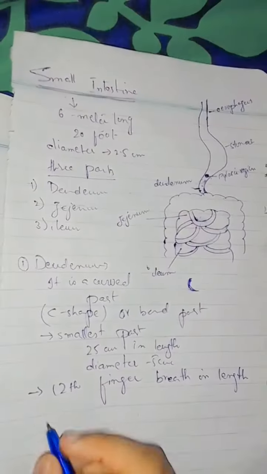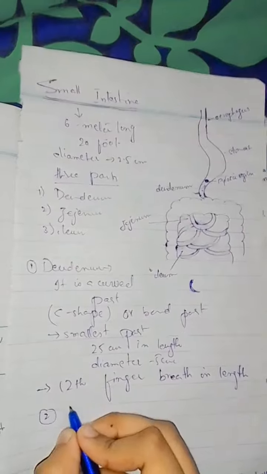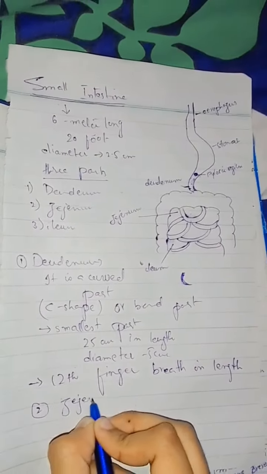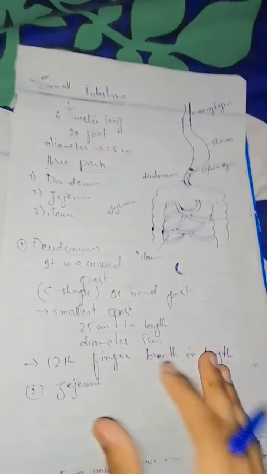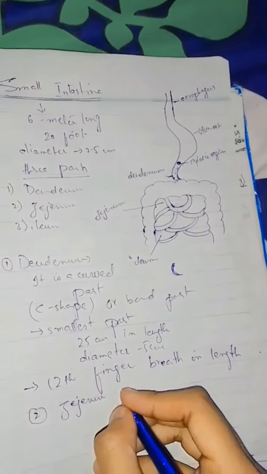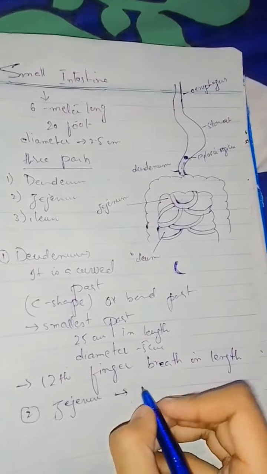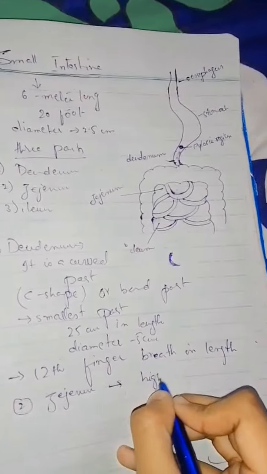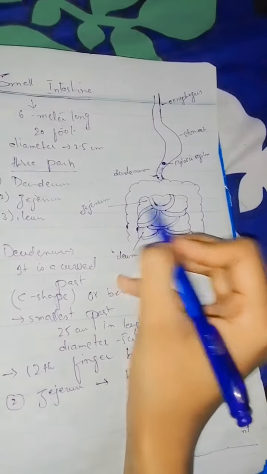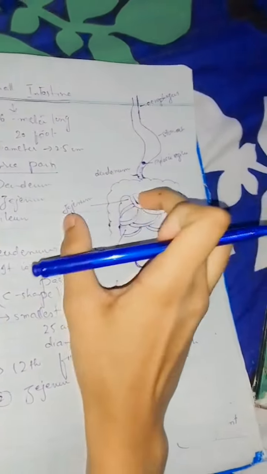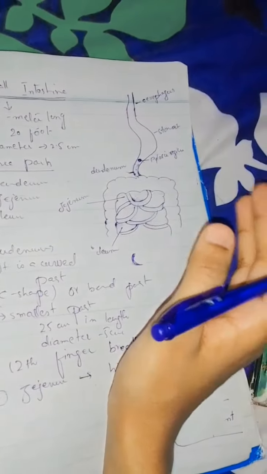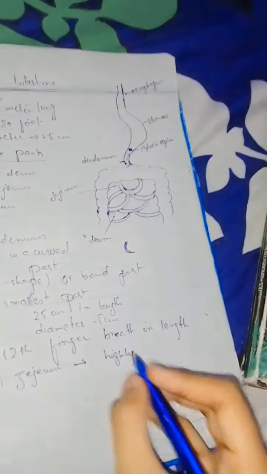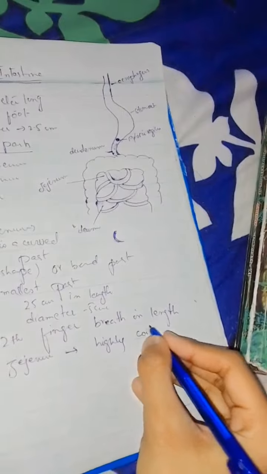Now the second part is the jejunum. I am not sure about the spelling, but it is jejunum. It is a highly coiled part, as you can see in the diagram. I cannot draw it properly, but it is highly coiled.